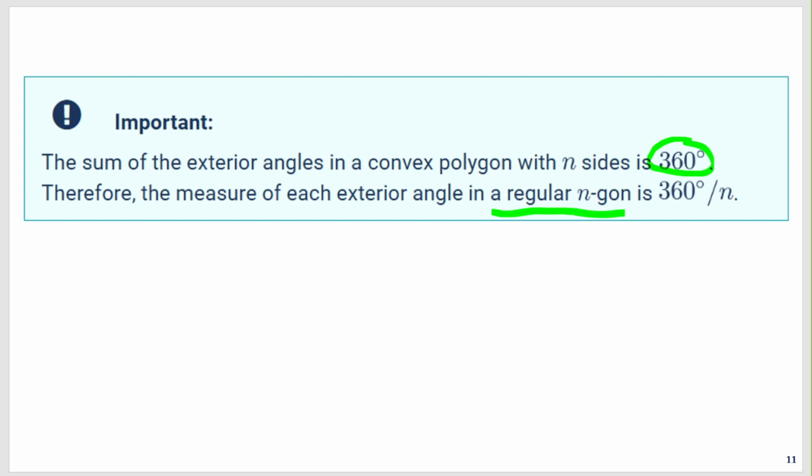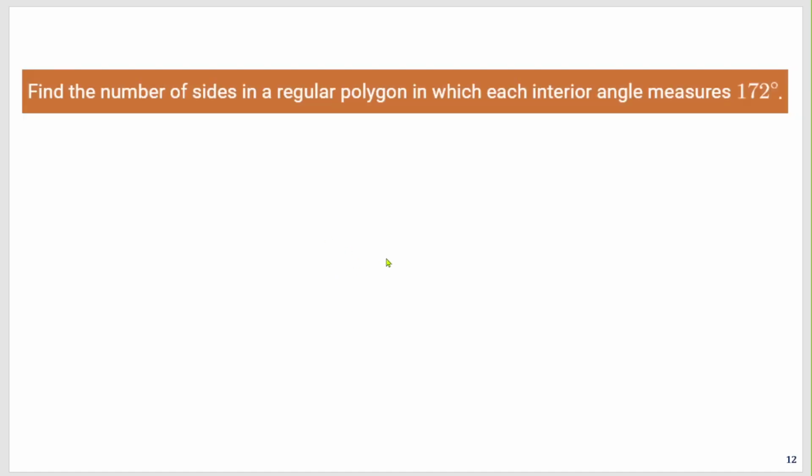So this is what we have known so far for the interior angles and exterior angles. So let's try using our new knowledge about the angles of polygons with a couple of example questions below. First, could you find the number of sides in a regular polygon in which each interior angle measures 172 degrees?